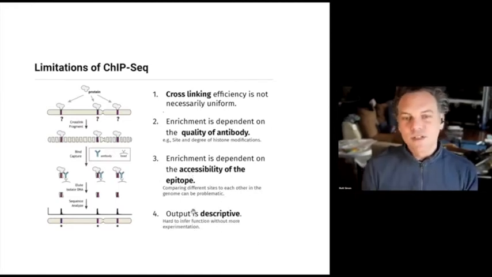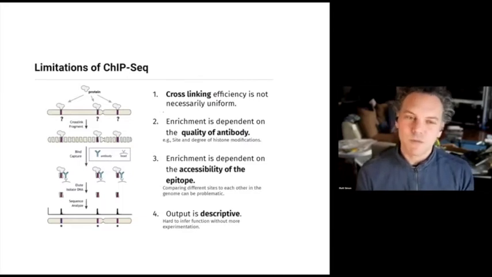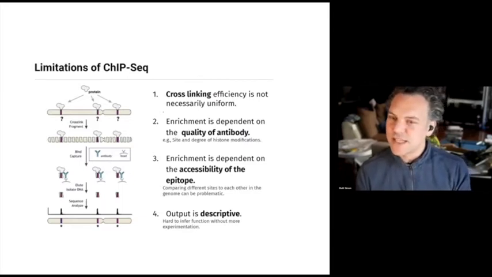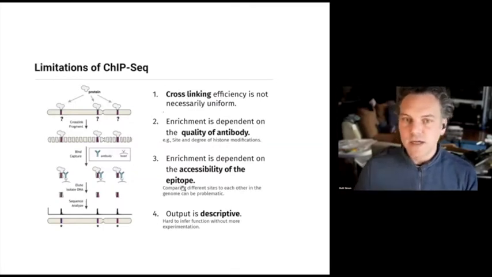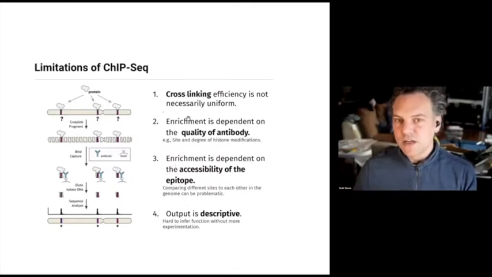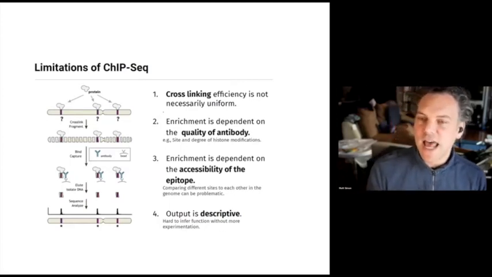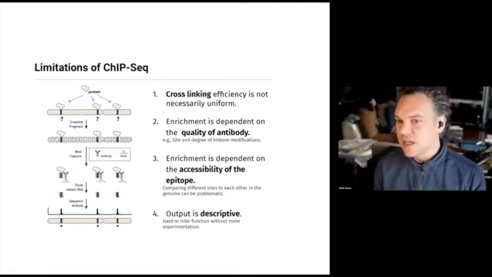And then, of course, one has to remember that because of all of these, it means that sometimes the kind of quantitative approaches we tend to use to analyze these data need to be taken with a grain of salt, because a lot of times we're not really in a linear range when it comes to the cross-linking or the pull-down efficiency. What that means is we need to be pretty careful about our quantitative analyses of data such as ChIP data.